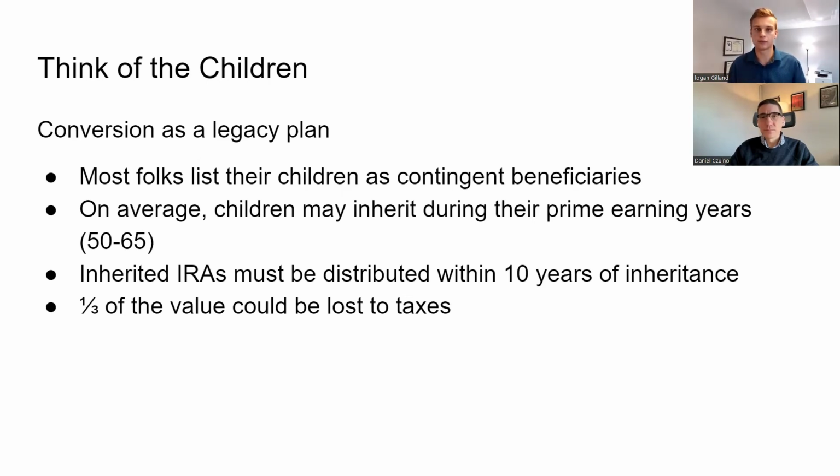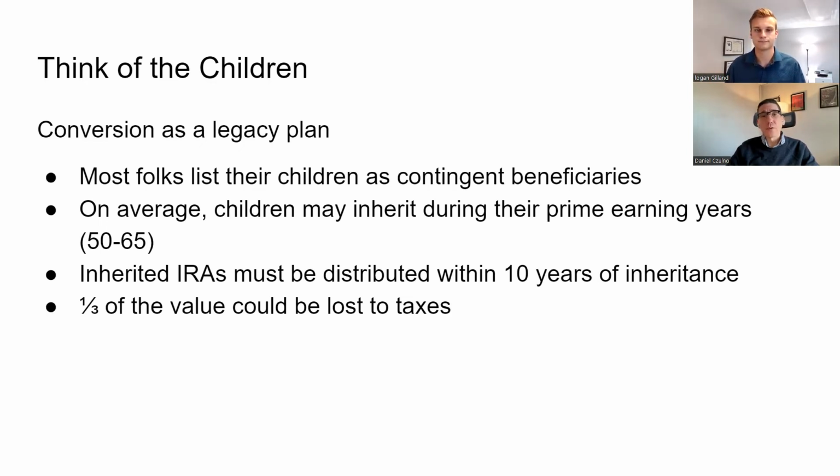You may be in a 30 to 40% tax bracket whenever your parents pass, those prime earning years, like you say. And in those years, you have to take out those funds within a 10-year time period, and you're going to pay significant taxes on that. But if you have that money in a Roth, well, then you don't have to worry about paying taxes in that time period.